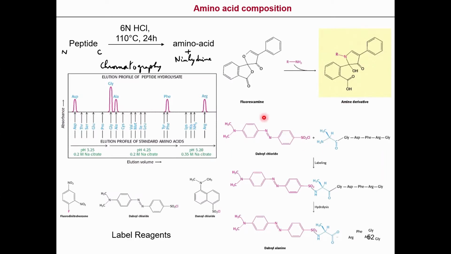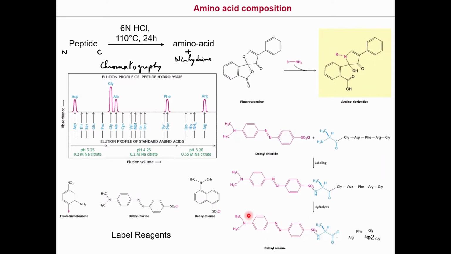It can react with the N side of the peptide, which is this one. Okay, so you label the peptide with the dye, and after you do hydrolysis, and you can analyze only the first amino acid, which is usually fluorescent.